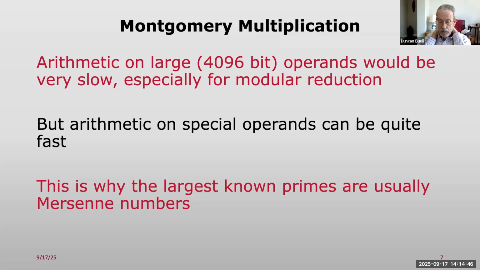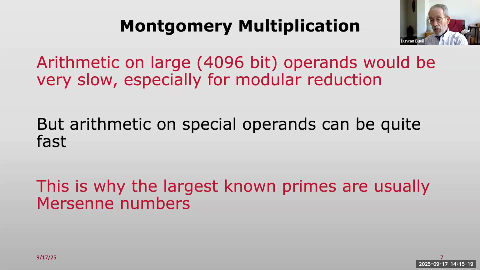In ancient days, when I was in grad school, we had a rule of thumb that if an add cost you 1, a multiply would cost you about 5, and a divide would cost you 10 to 20. And this gets worse and worse the bigger the numbers are that you're trying to reduce. And the interesting thing is arithmetic on special kinds of numbers can be quite fast.